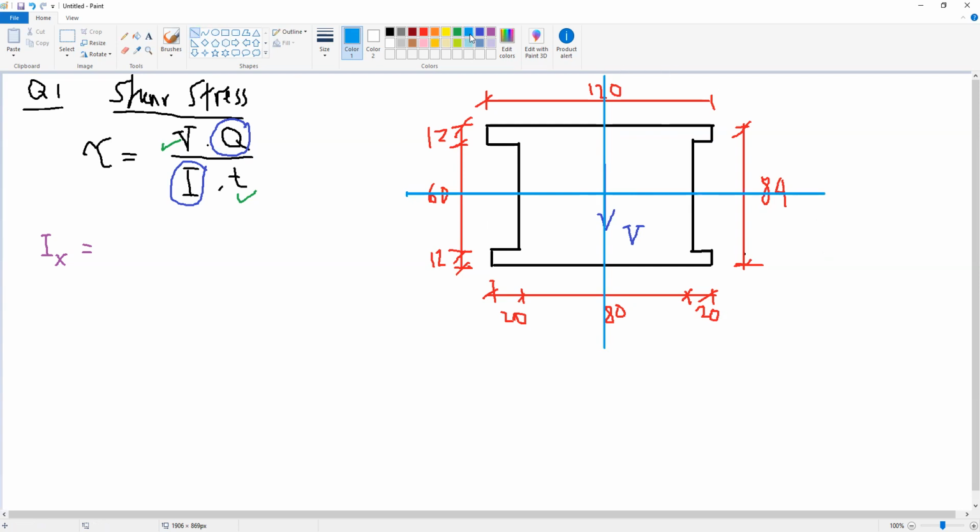This is the x-axis, and this is the y-axis, the vertical axis. And this is our centroid, in the middle of the section.